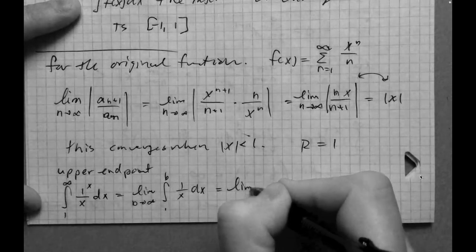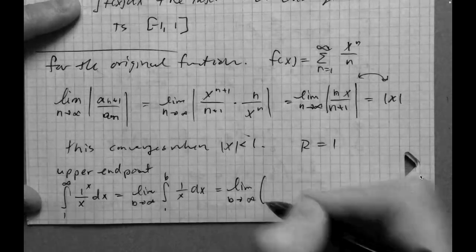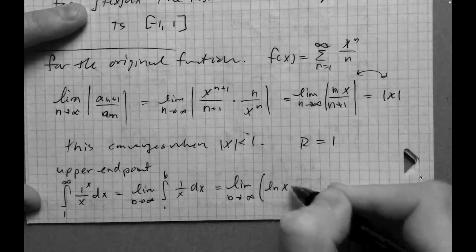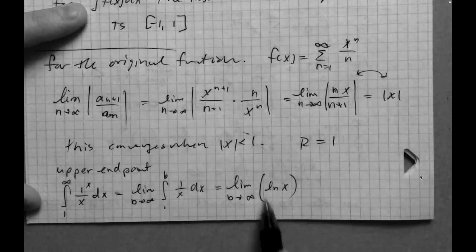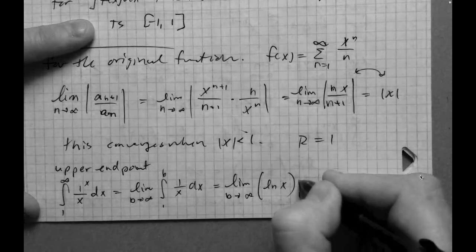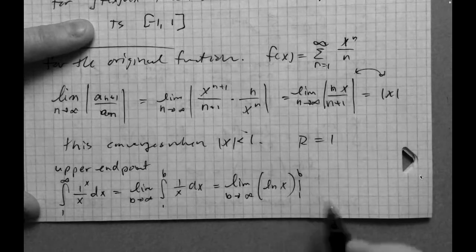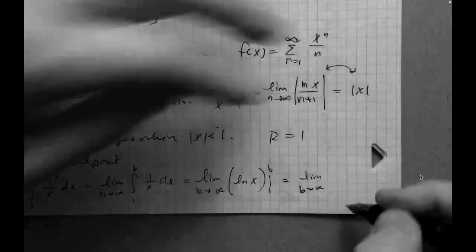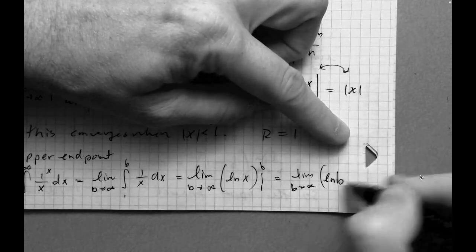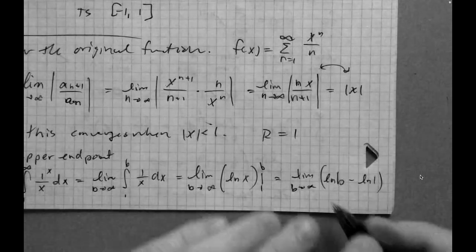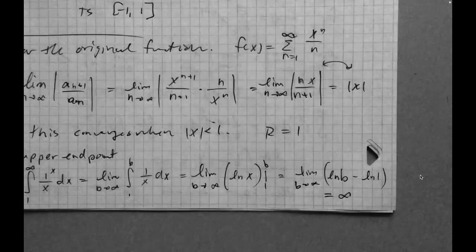And I probably could have done this in one step, but that's okay. This is the natural log of x. Now, x will be positive. It's technically the natural log of the absolute value, but we're only talking about positive values here. So this is the limit as b goes to infinity of the natural log of b minus the natural log of 1. And this is going to definitely be infinite.